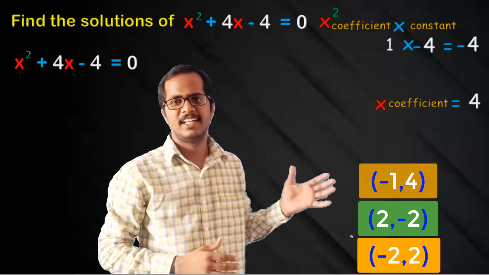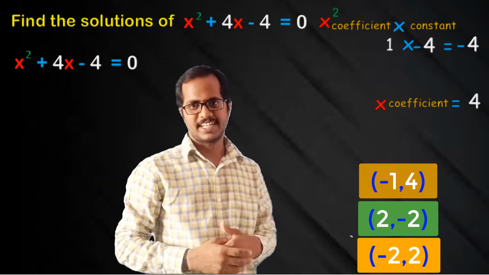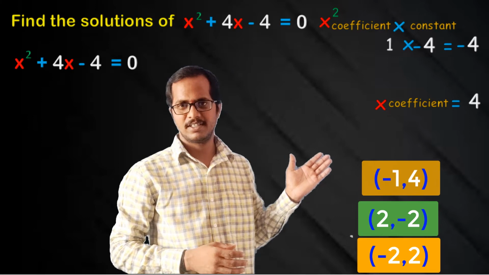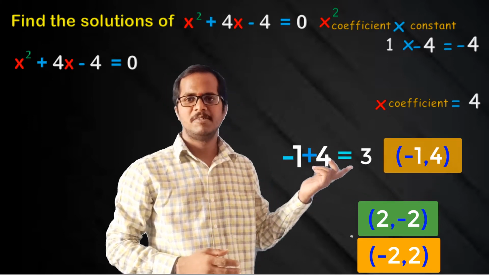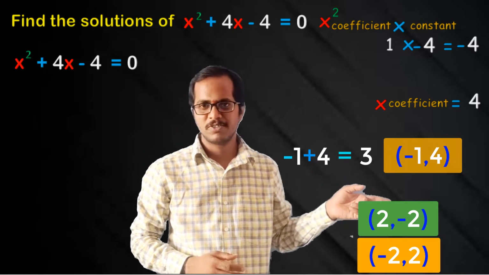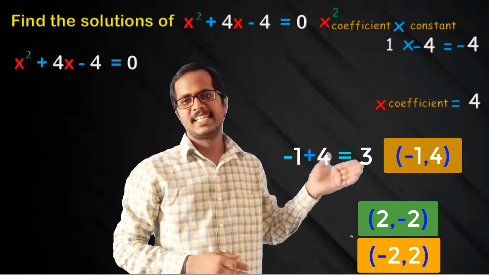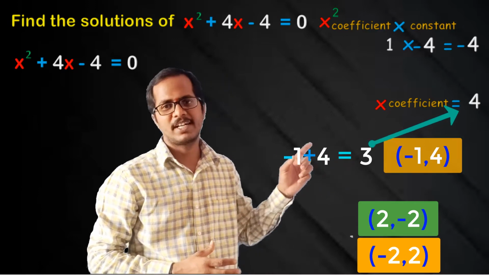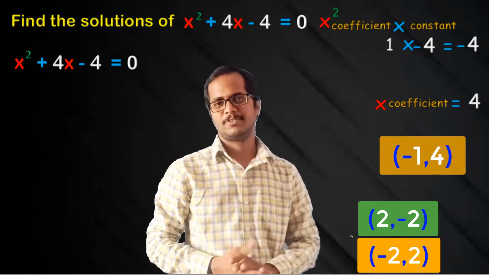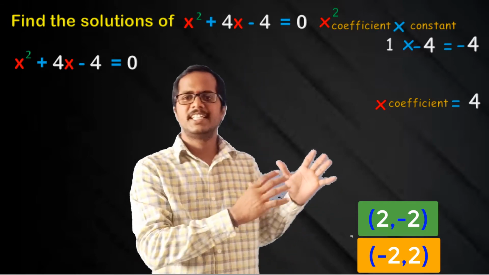Now let us see the sum of the second pair of factors. What is the second pair? Minus 1 and 4. Now what is their sum? Minus 1 plus 4 equals 3. In this case also the sum is not equal to the x coefficient, that is 4. Hence we do not consider this pair either. Now let us see the third pair.